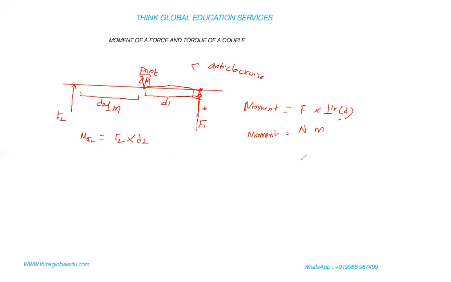In case these moments are both equal, then the object will not move anywhere, because here, due to F2, the object will tend to move clockwise. And if the clockwise moment is equal to the anti-clockwise moment, then the object will be in equilibrium.